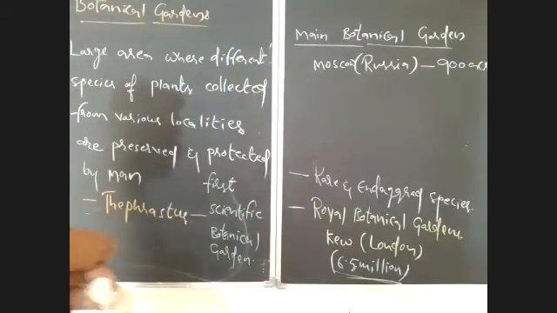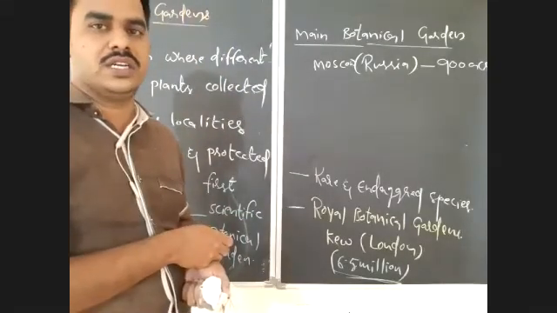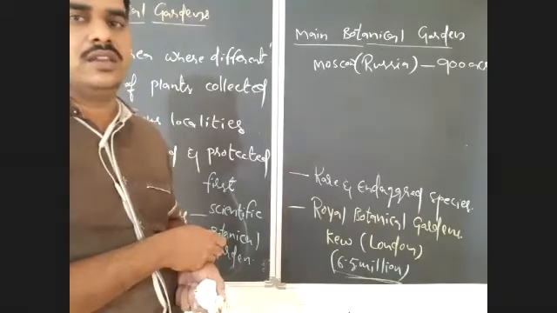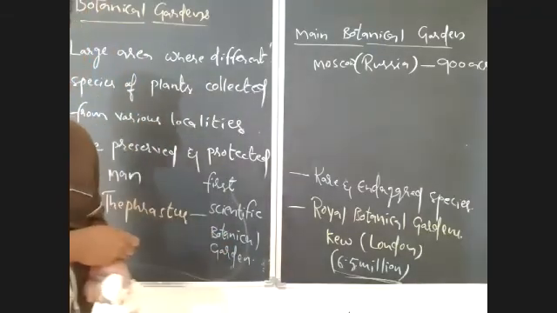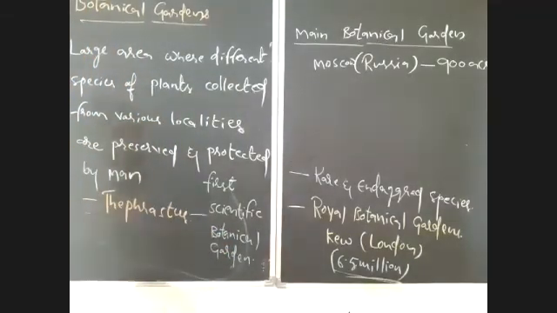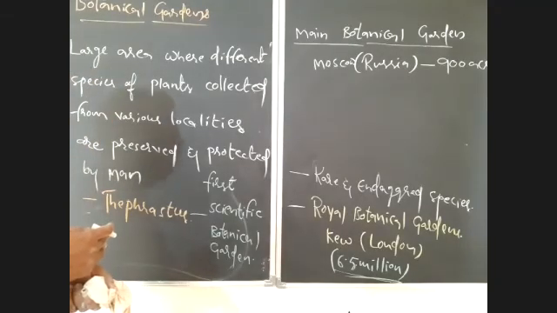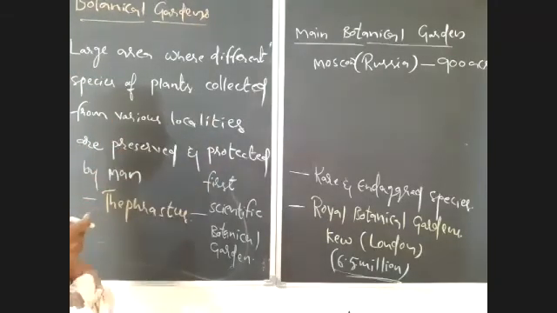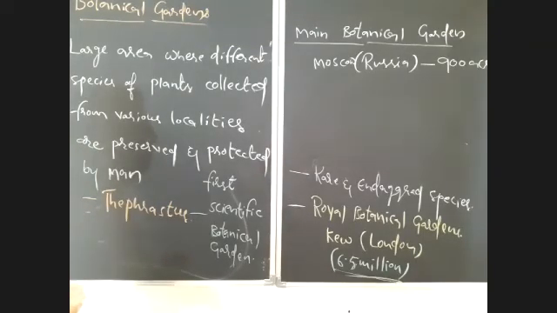As mentioned before, the one that was considered the largest botanical garden was the Royal Botanical Garden. But the Royal Botanical Garden is only about 300 acres. What about the main botanical garden? The main botanical garden is about 900 acres. So we have to consider the main botanical garden as the largest botanical garden in the world.